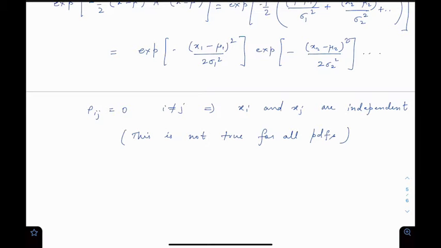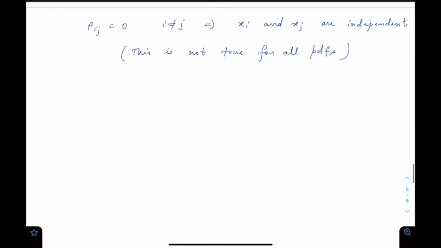The last step that remains is to obtain the normalization, and with the normalization, the result that we get is 2 pi to the power n by 2 appears.